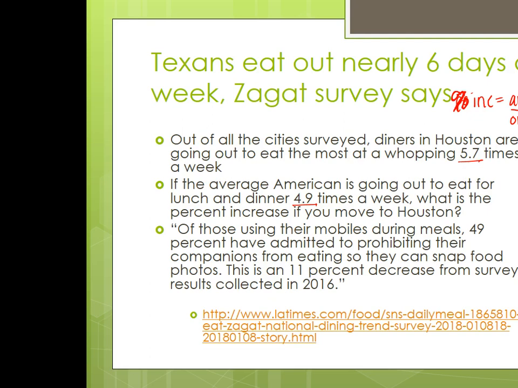So first thing you need to figure out is how much it would increase. And as we talked about earlier, to find that, you just subtract the two, which gives us 0.8. So you're going to increase by 0.8 times a week, but I don't want to know how much, I want to know the percent. So the percent increase, you're going to take that number and you're going to divide it by the original amount, by the 4.9.